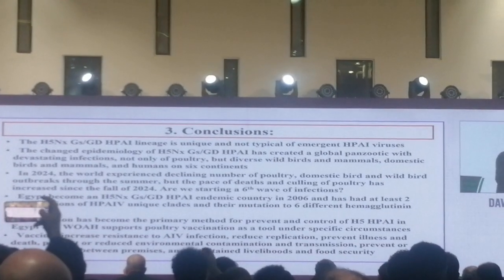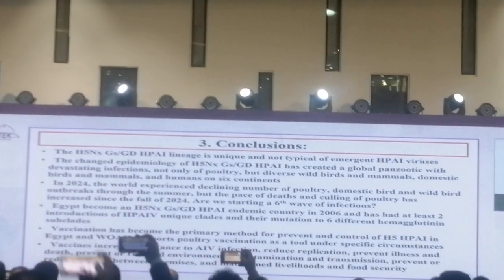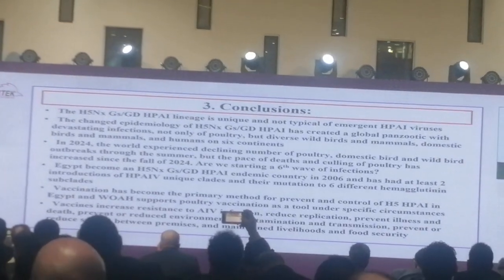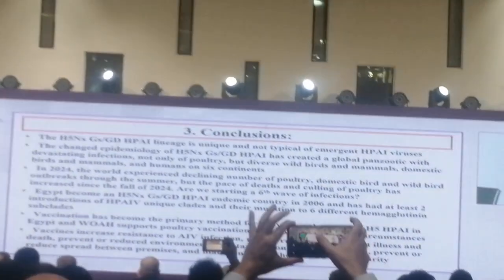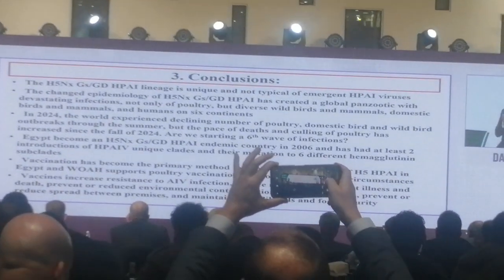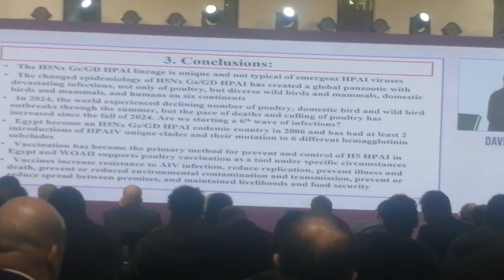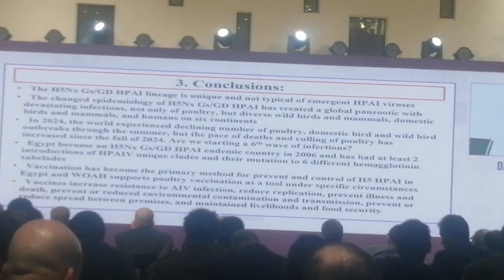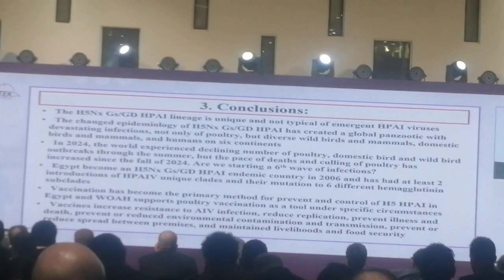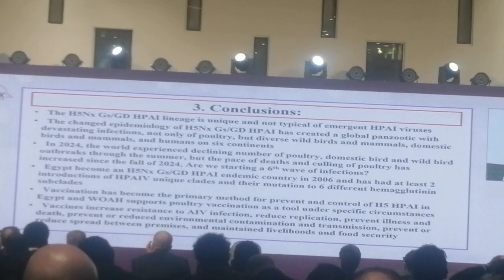Vaccines are very helpful in increasing resistance to high-path AI infection, reduces the replication, prevents illness and death, prevents and reduces environmental contamination and transmission, prevents and reduces the spread between premises of this virus, and maintains livelihoods and food security.